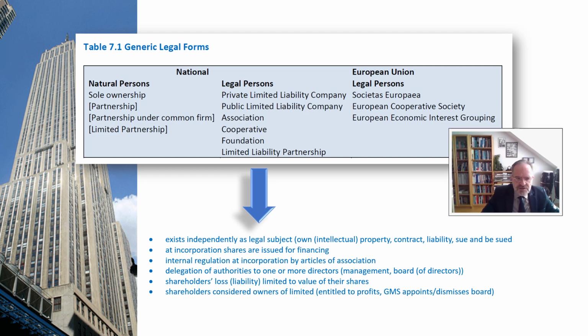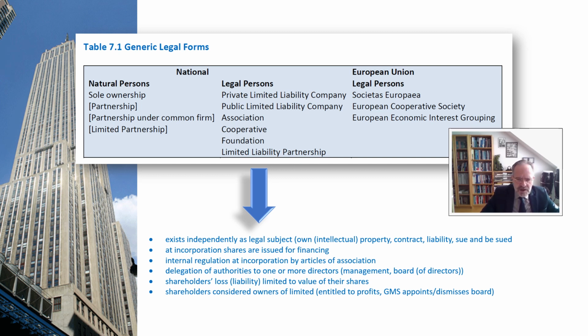We briefly discussed ownership, and there you see between parentheses partnership, partnership under a common firm, and limited partnerships. Those are different forms of the partnership, whereby the partnership is generally a collaboration between professionals like accountants and doctors.